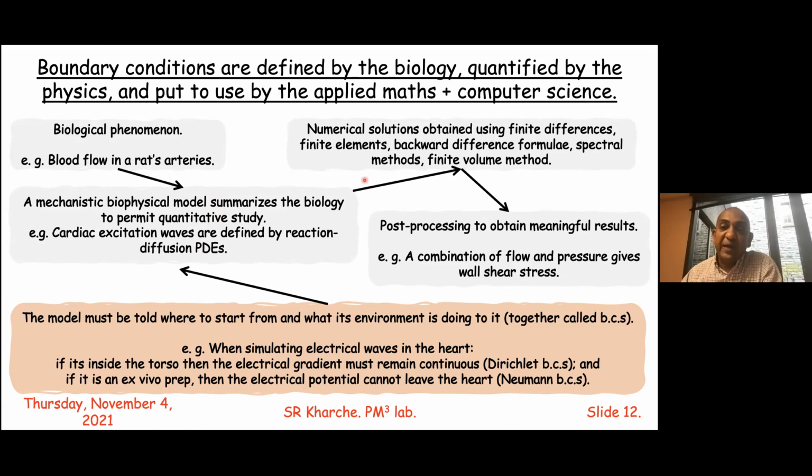And therefore, we are not allowed to think about either the physics and definitely not the boundary conditions in terms of the numerics, in terms of the software, okay? And so this is approximately how a computational study flow might go, with boundary conditions fitting in right in the middle.